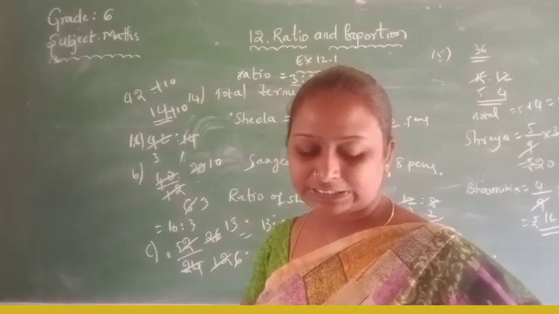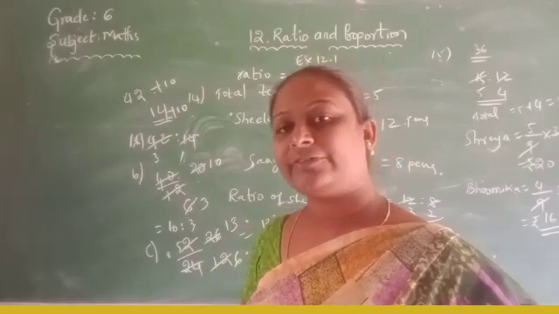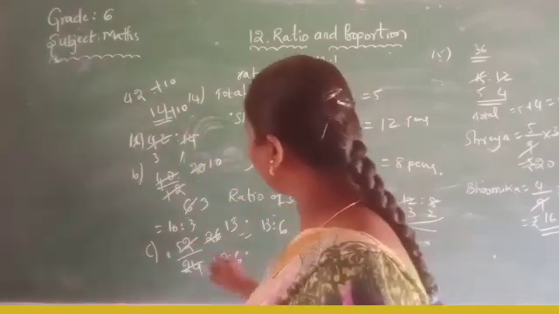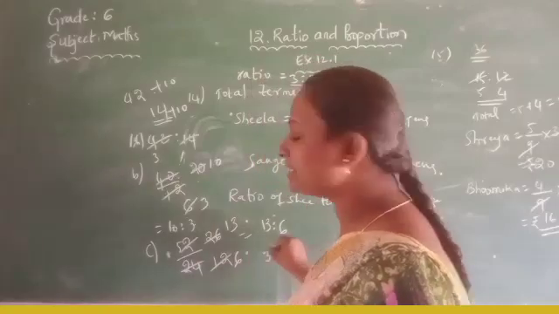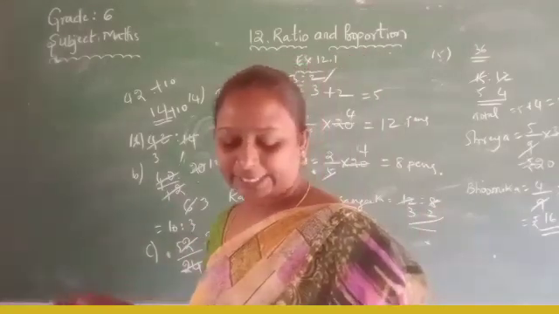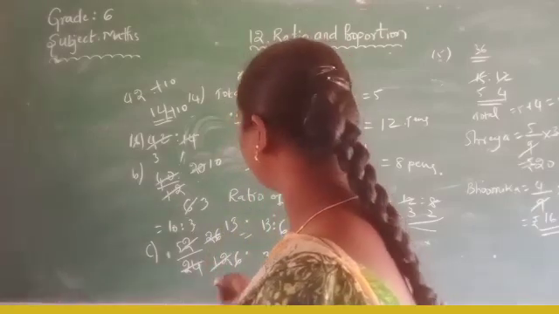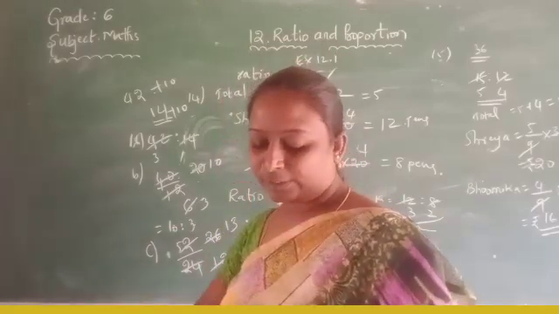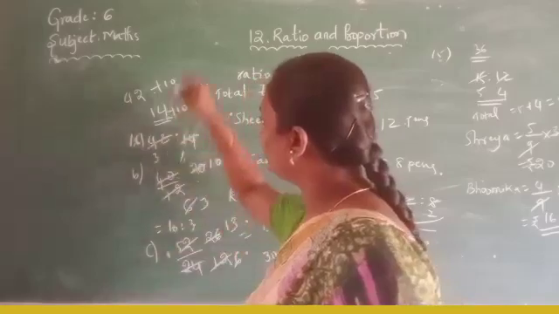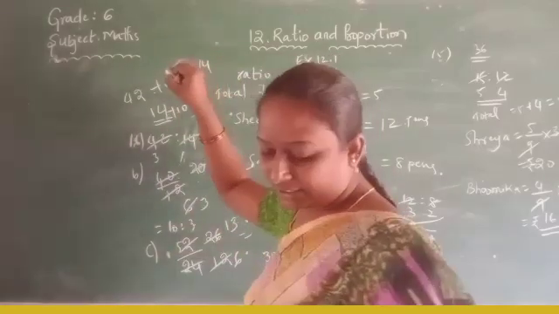And the last one: the age of father to the age of son when the father was 30 years old. When the age of the father was 30 years, what is the age of the son? 30 years means you subtract. The father is 42 now, so 12 years ago his age was 30. At that time the son's age is 14 minus 12, which is 2 years.